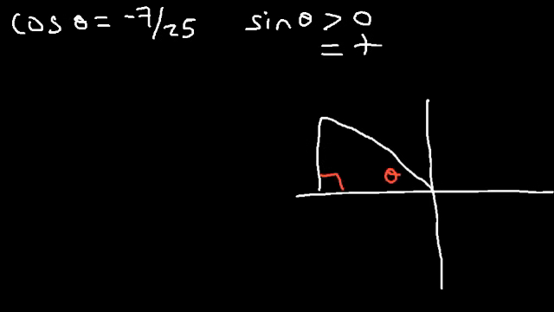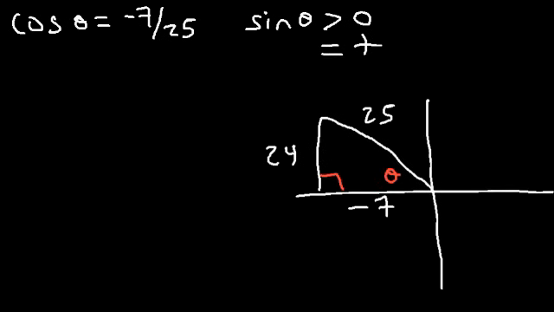Now consider the value of cosine, which is negative 7 over 25. Cosine is adjacent over hypotenuse. This is the adjacent side. It's negative 7 because we're traveling towards the left on the x-axis, and that's a negative value. The hypotenuse is always positive. Now this is the 7, 24, 25 triangle, so the missing side is 24. And notice that this side is traveling up in the y direction, so it's positive 24.